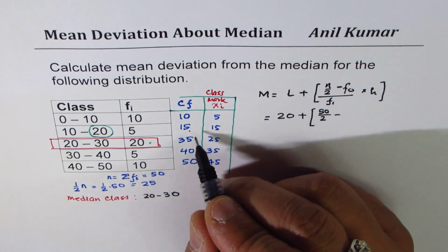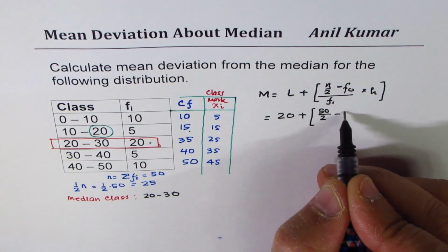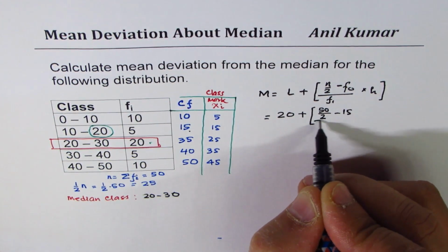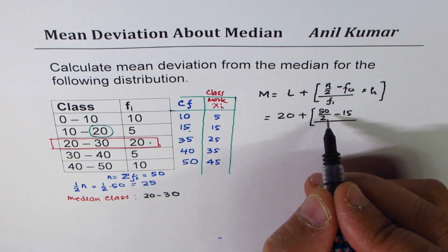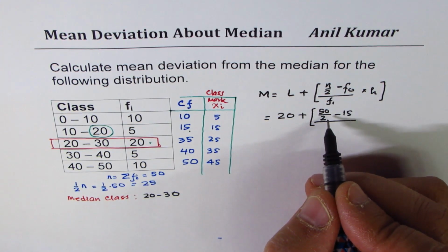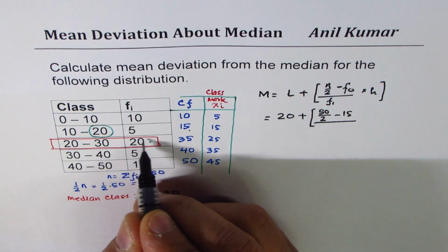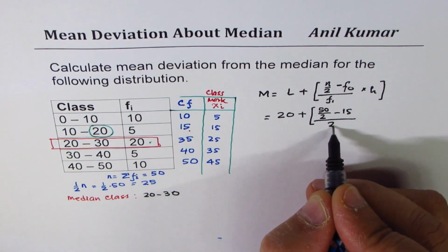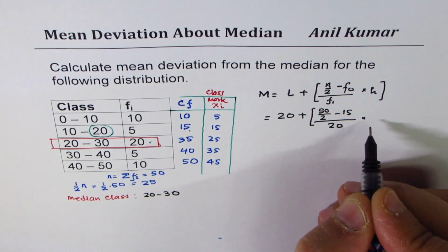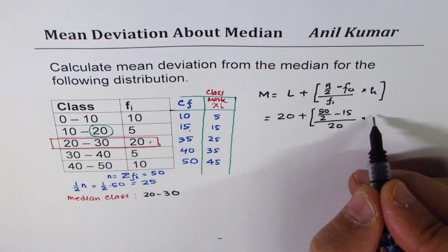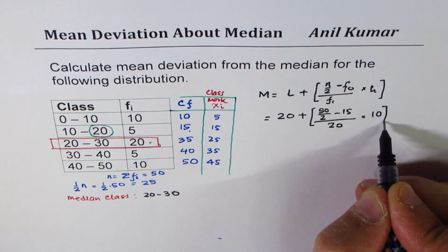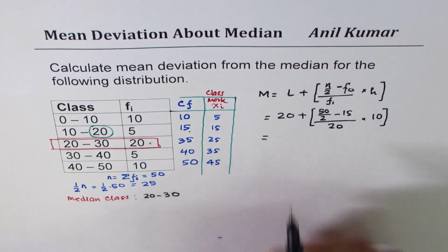The cumulative frequency, it has to be more than 15, right? So more than 15 divided by f1, that means the total number which is within this group, right, which is 20, times the class interval, which is 10, correct? So that becomes the median for us.